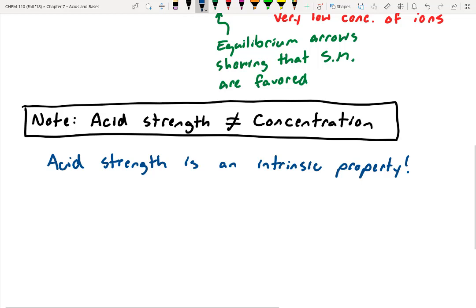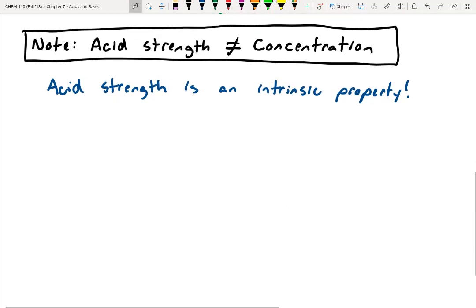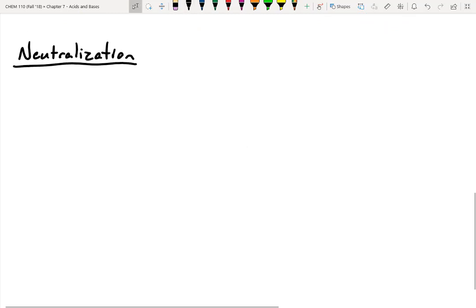All right. So we already discussed one other area, but I wanted to go back and revisit it, and this is called neutralization. And neutralization is a pretty simple concept. It's when you combine an acid with a base.